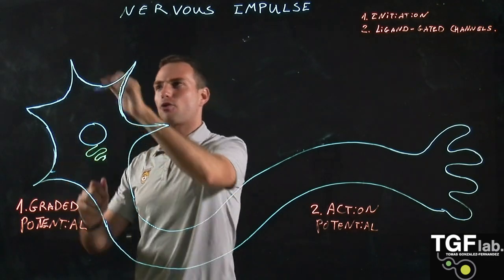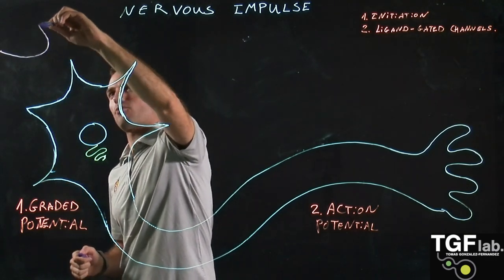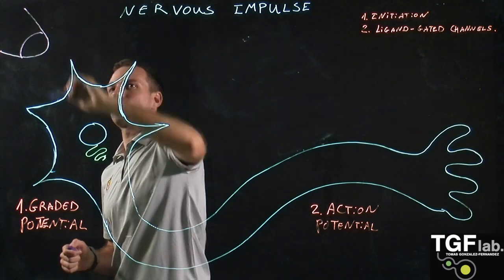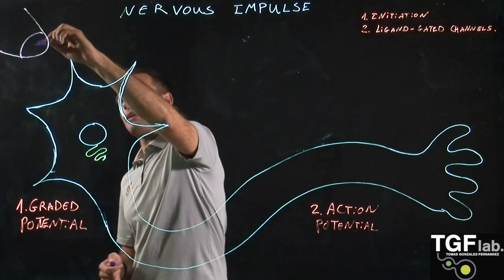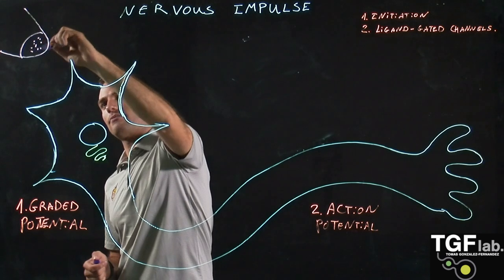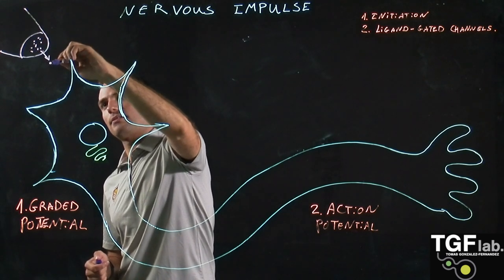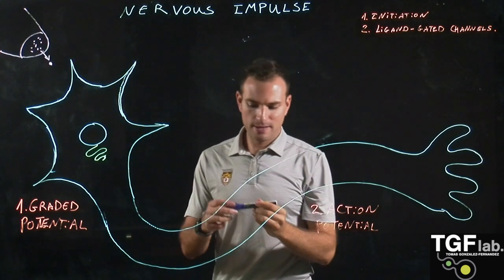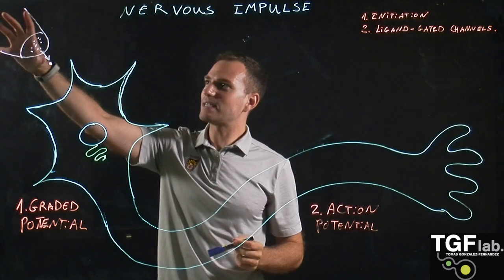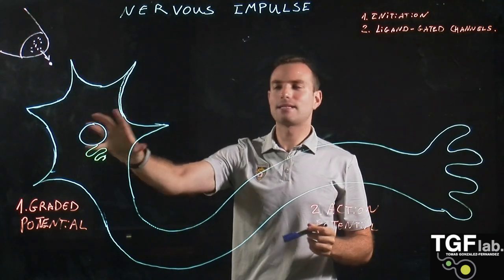Here we have our neuron, but then there is going to be a previous neuron with an axon terminal here that is going to have some neurotransmitters. Those neurotransmitters in the vesicle are going to be liberated into the synaptic gap, and they go from the presynaptic neuron to the postsynaptic neuron.